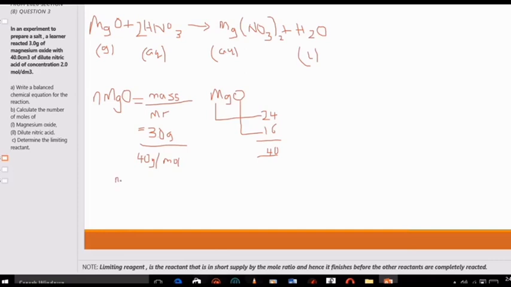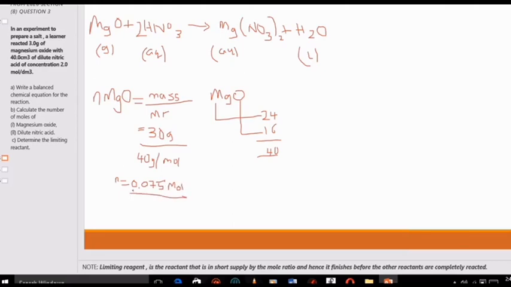So the number of moles of magnesium oxide is equal to, if you have your calculator, you punch in those numbers and you'll get 0.075 mole.